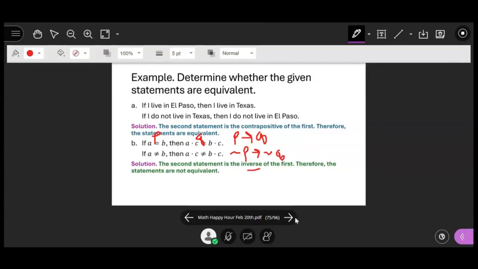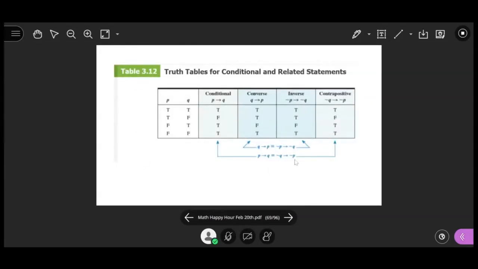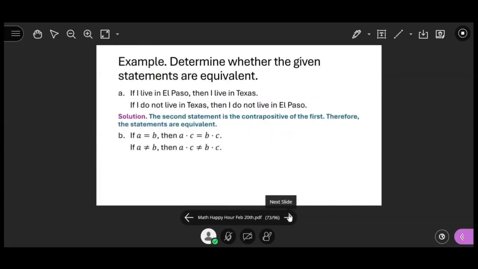Therefore, the statements are not equivalent. And again, we can see that in our table. So we got the inverse, but the inverse is only equivalent to the converse, not the original statement. Therefore, that's why they were not equivalent.